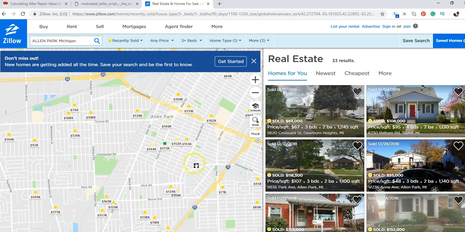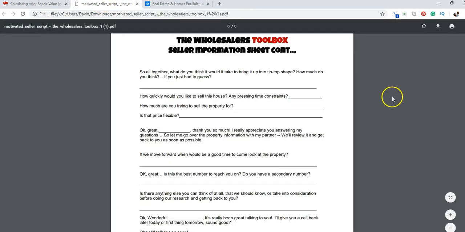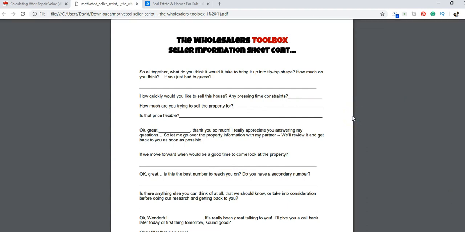Okay, so if you're talking on the phone, doing your script, and they say, well, I know my house needs work, I'm willing to take an offer based on the condition it's in, or I know other houses around me are selling for 140 or 145, but my house needs some work, then it's a lead, and you need to make an appointment and go out and take a look at the property.